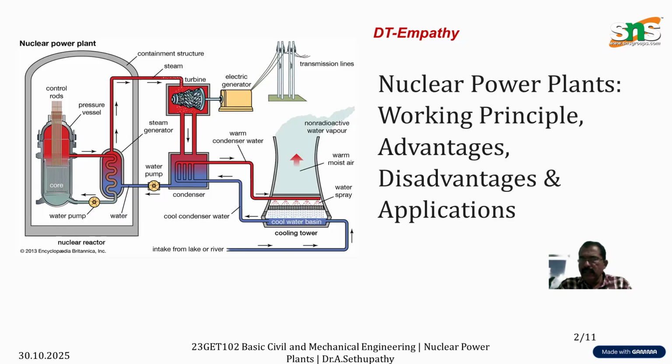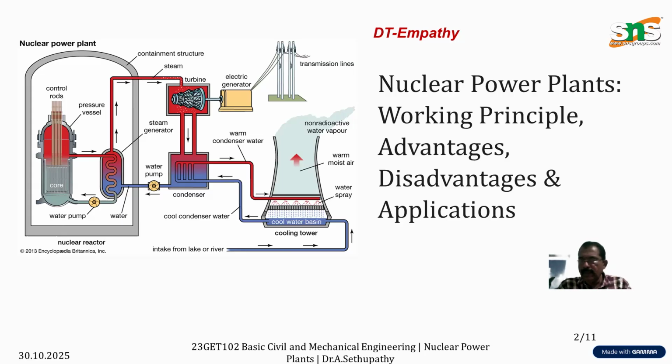So this is a very high level of power manufacturing in nuclear power plants, but at the same time there is high risk also. The pressure vessel gets a high temperature, so one water circuit is also used to cool the pressure vessel and reduce the heat in the surrounding areas.